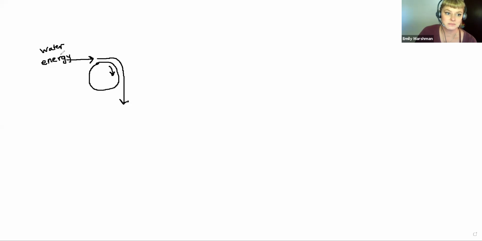When an object possesses energy, that means it has the ability to do work on something. So in this particular example, the water has energy, and that means that it has the ability to do work on the water wheel and turn the water wheel. So we would say that as the water moves over this water wheel and turns it, the water does work on the water wheel.